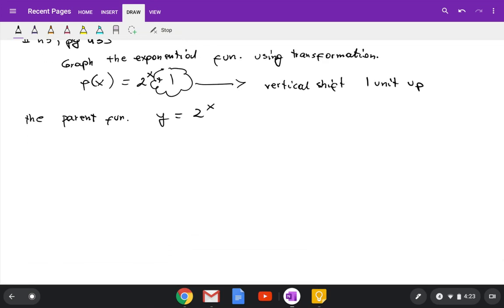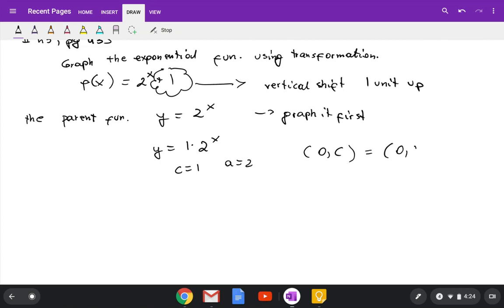So let's graph y equals 2 to the power of x first. This is the same as y equals 1 times 2 to the power of x. C is equal to 1, A is equal to 2. To graph this one, I'm using the information which I gave you. Always graph with 3 major points. 0, C, that will be 0, comma 1. 1, comma A, in our case it's 1, comma 2.